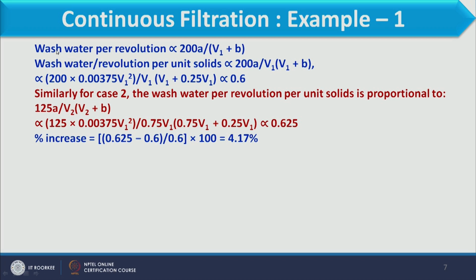So wash water per revolution is proportional to 200 into the rate of washing, that is A by V1 plus B. Similarly, wash water per revolution per unit solid is proportional to 200 into A by V1 plus B. Here we have defined it per unit solid, but we are considering volume because volume will be associated with the solid which is forming the cake.